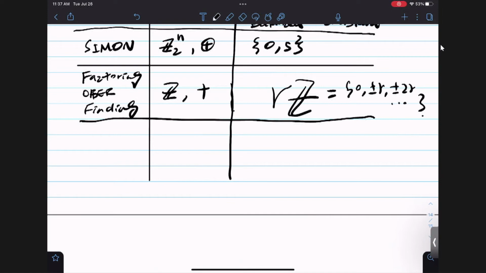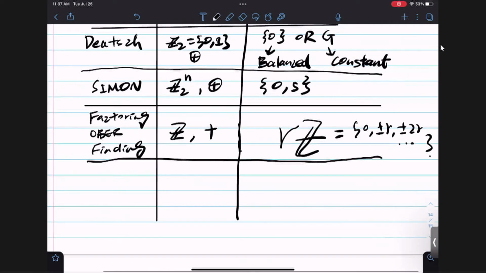Okay. So these are the examples we've discussed, but there are more. For example, in the very paper, Peter Shor also gave a quantum algorithm for discrete log, and that can be seen as a hidden subgroup problem on the group Zn cross Zn.